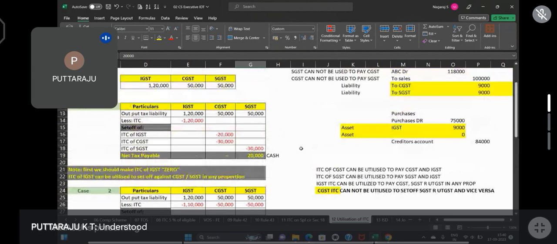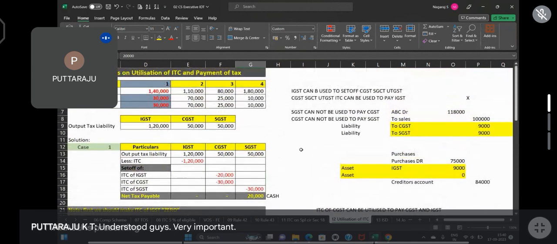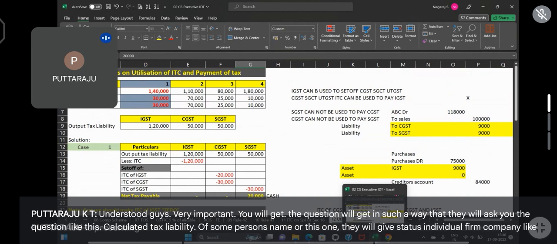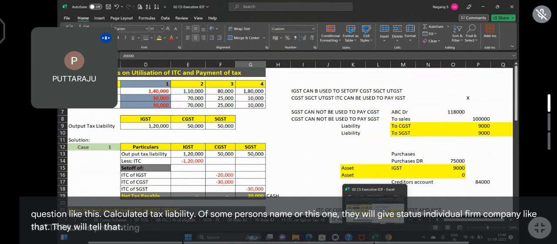Understood, guys? Very important. The question will come in such a way that they will ask you to calculate the tax liability of some person's name, or they will give a status: individual, firm, company, like that. They will tell you the maximum cash to be paid.